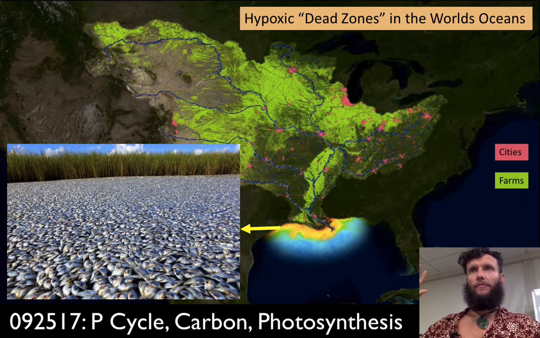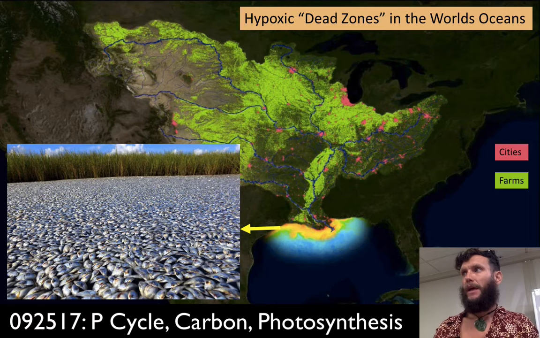That fertilizer gets washed into the watershed and promotes the growth of algae. Right? It doesn't stay in the soil. It washes into the watershed, promotes the growth of algae. That algae washes out to the ocean, and what happens is the algae dies and it falls to the bottom, and it begins to decompose.